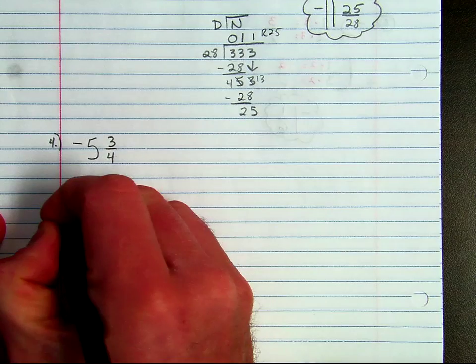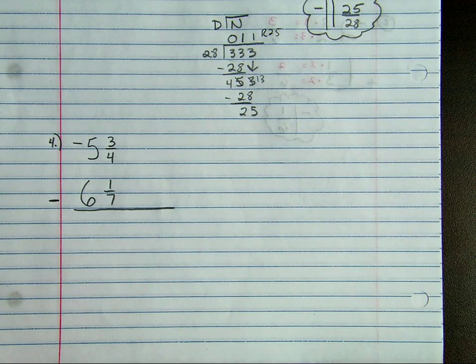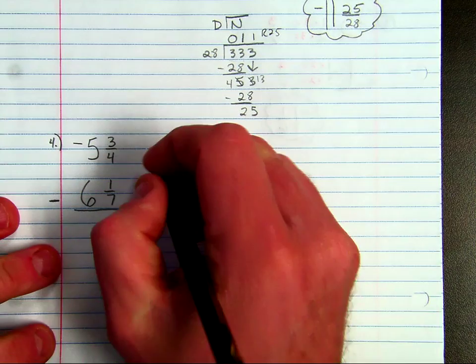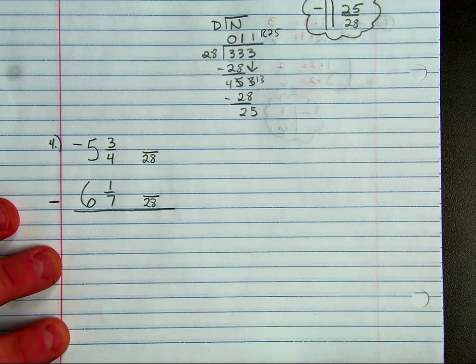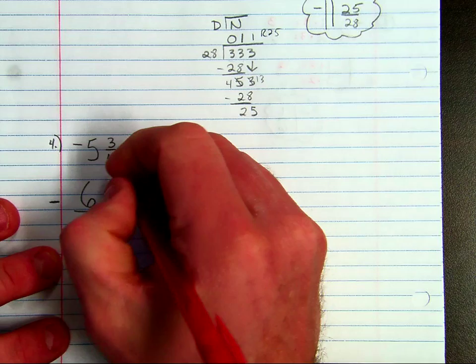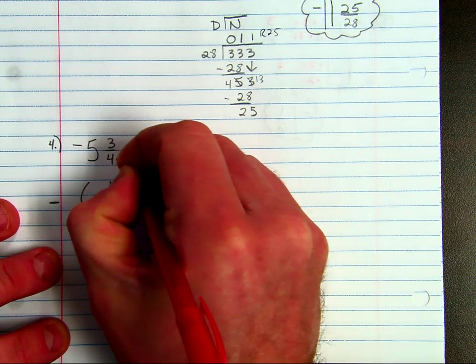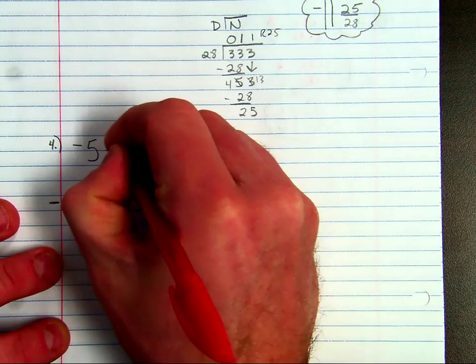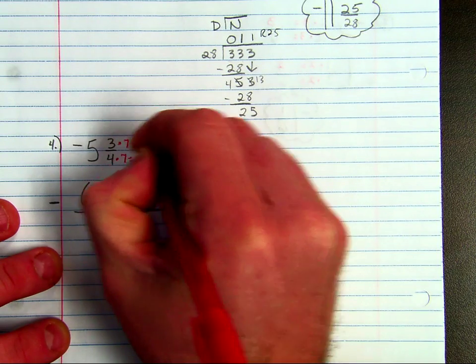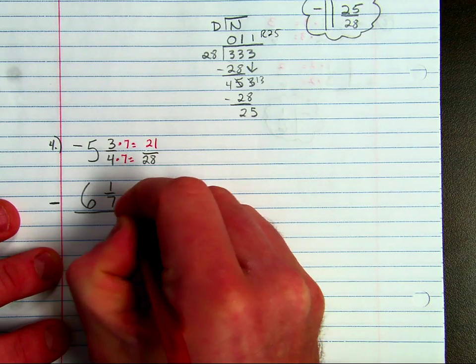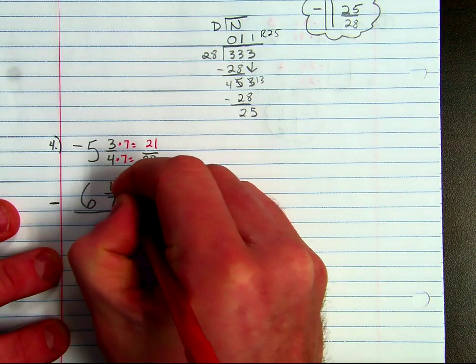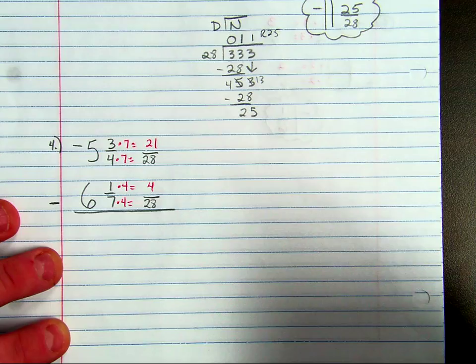Okay, ready? Common denominator, 28. Four times 7 is 28. 3 times 7 is 21. 7 times 4 is 28. 1 times 4 is 4.